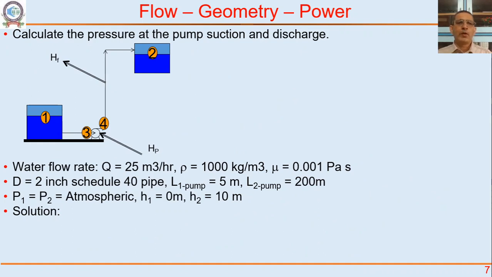Let's do another problem. Let's calculate pressure at the pump suction and pump discharge. Let's say point number 3 is at pump suction and point number 4 is at pump discharge. Same situation as earlier: water flow rate is 25 meter cube per hour, rho is 1000 kg per meter cube, mu is 0.001 Pascal second.